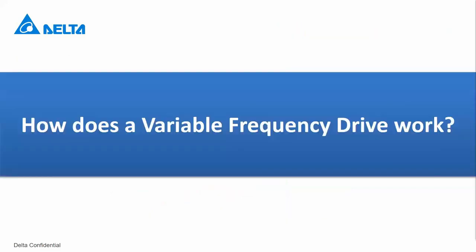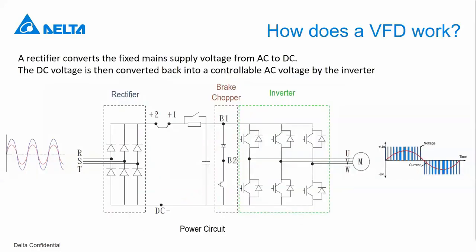So how does a variable frequency drive work? There are some major components in the drive, especially in the power electronics: the rectifier, the DC part, and the inverter side. This is one of the reasons why I generally don't prefer to refer to drives as inverters, because the inverter is normally just one part of the drive.